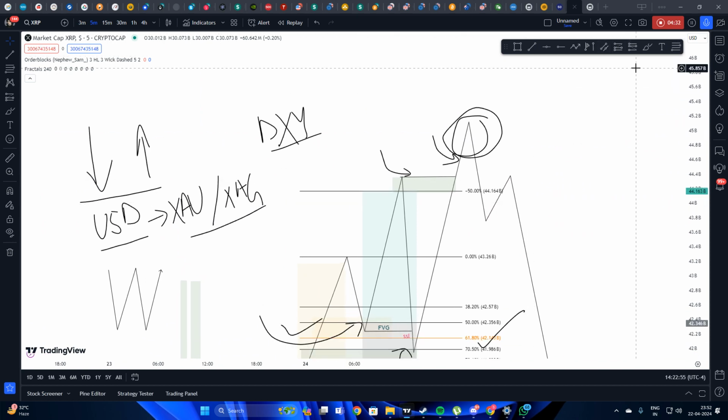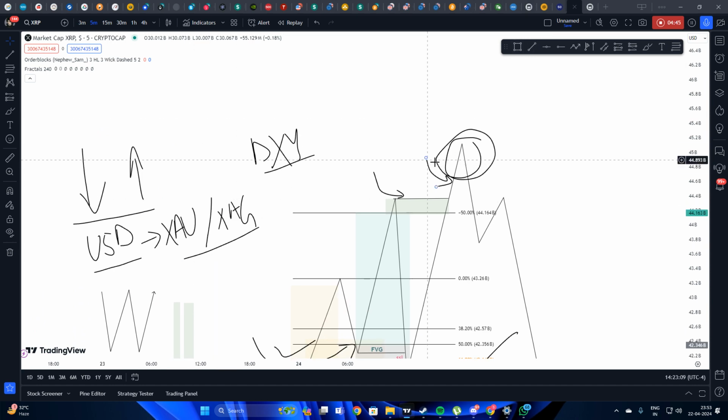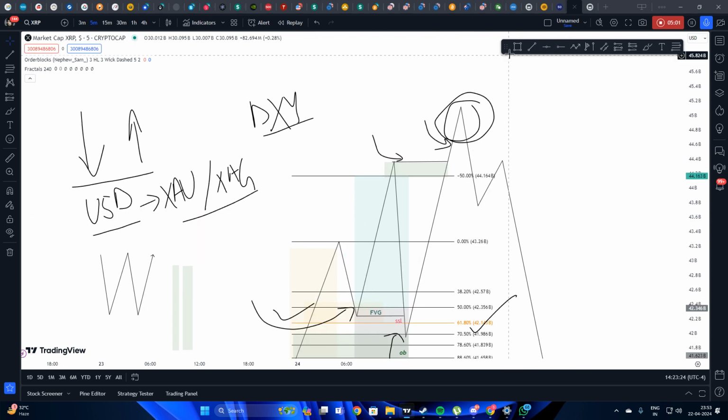Now, it can be that the USD dollar had some liquidity below, and the market was just going down to take that liquidity, and then when the dollar index took that liquidity, it took a bullish momentum, and thus the euro lost its momentum and it fell down. Now, why exactly did the market retest in here?